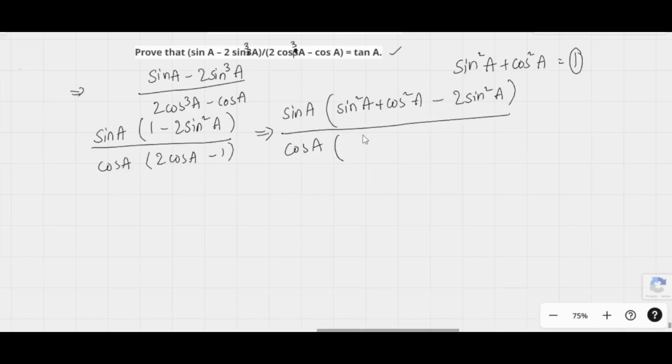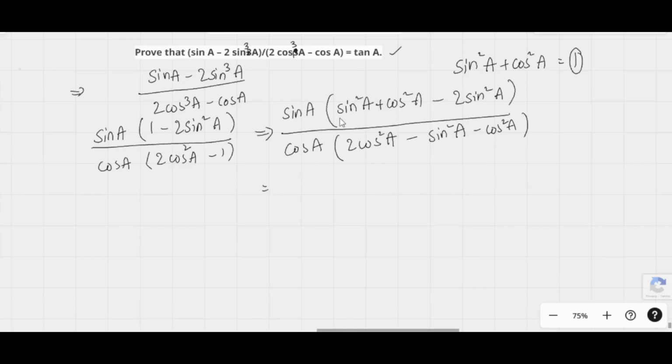Cos A I'm putting out, and 2 cos square A minus sine square A minus cos square A, because I'm directly multiplying the minus inside in the place of 1. Okay, this is what I have written.